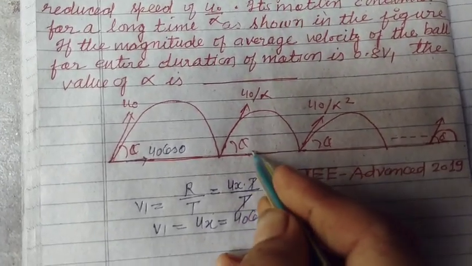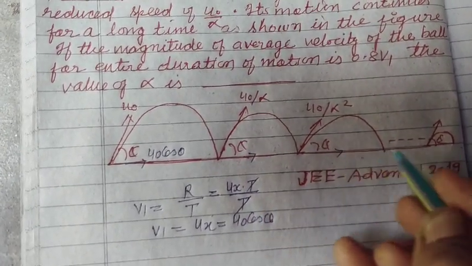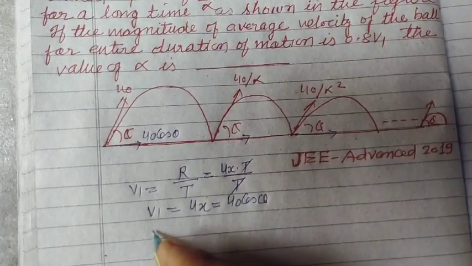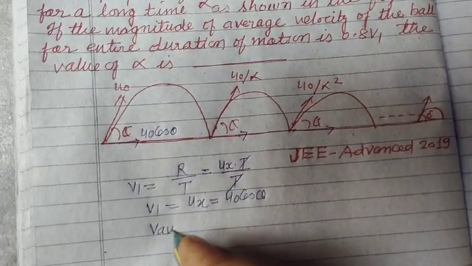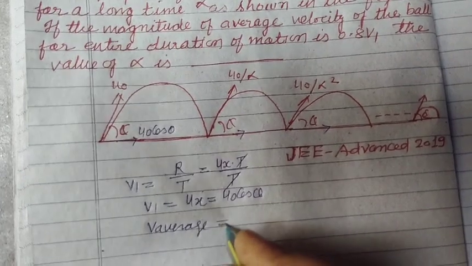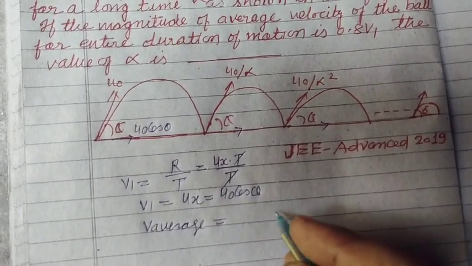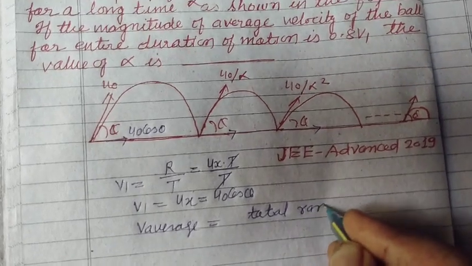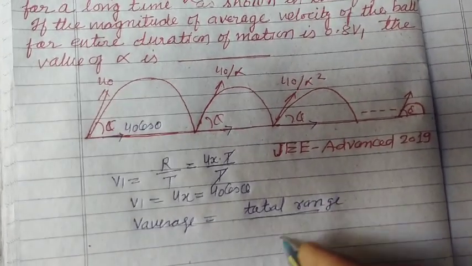Now, similarly, the total average velocity v average is equal to total distance, or total range, upon total time.